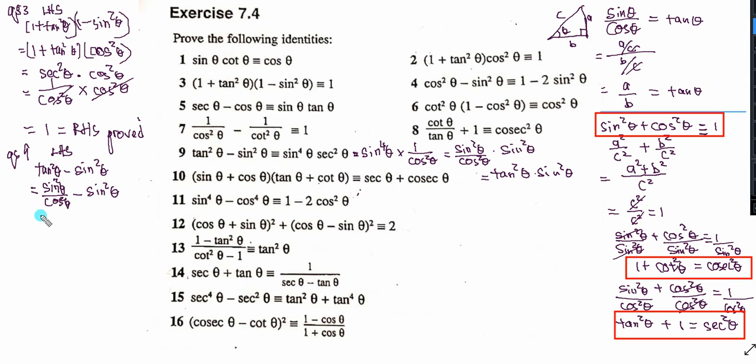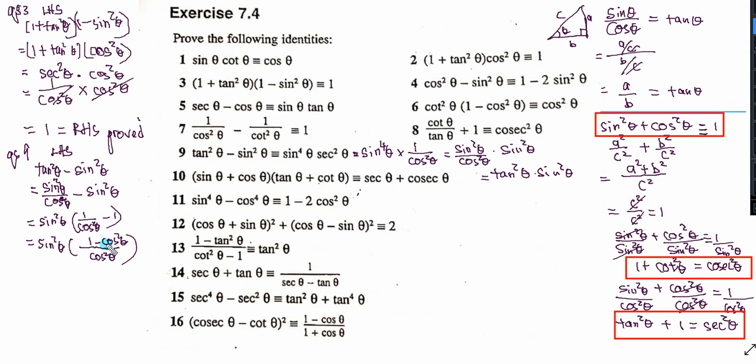Let's take out a common factor, which is sine square theta, times 1 over cosine square theta minus 1. So this sine square theta, let's combine the two fractions. So you get a cosine square theta in the denominator, and 1 minus cosine square theta.